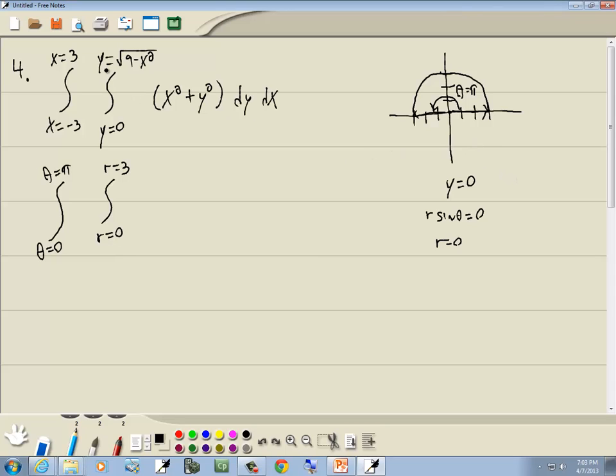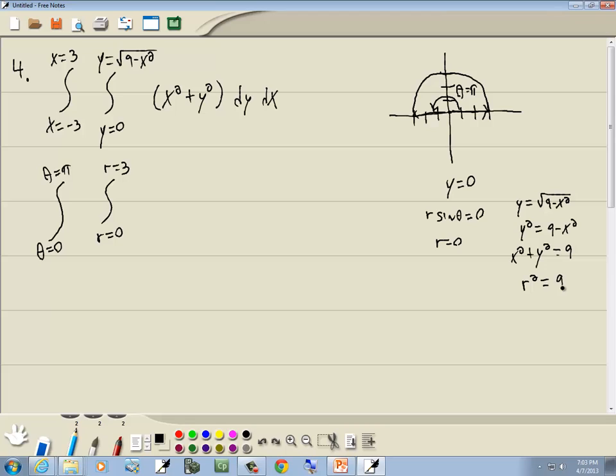Now, this right here, y is equal to square root of that. Well, if I were to square both sides, we'd have y squared is equal to 9 minus x squared, and I take the negative x squared over, and we get x squared plus y squared is equal to 9. And we know that r squared is equal to x squared plus y squared.